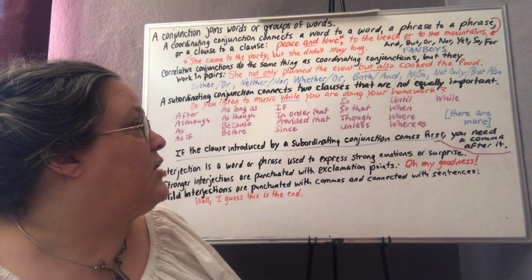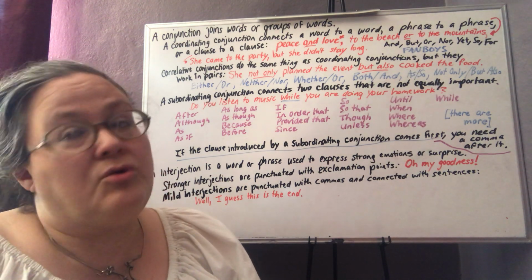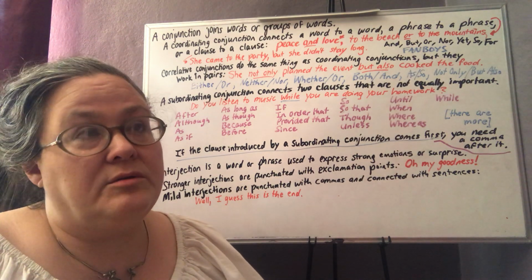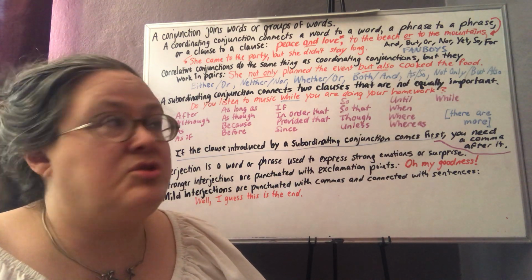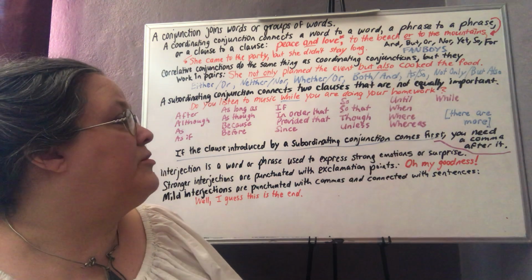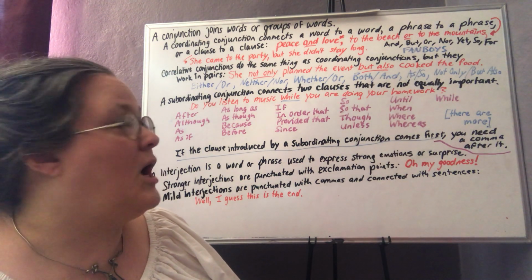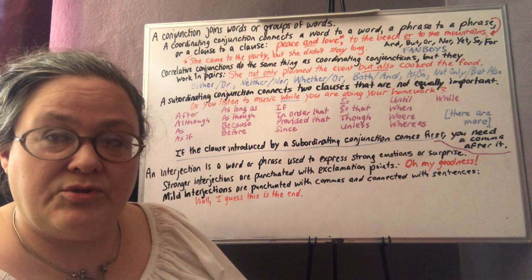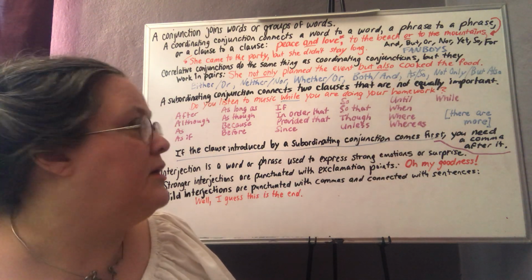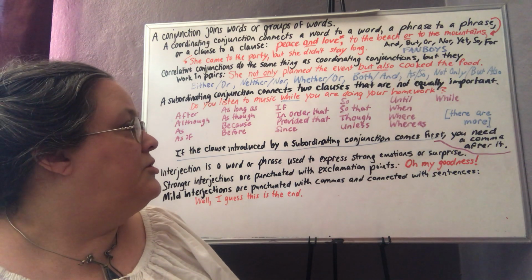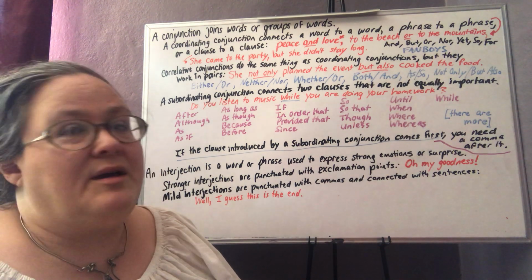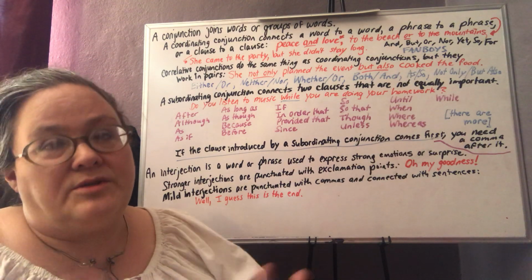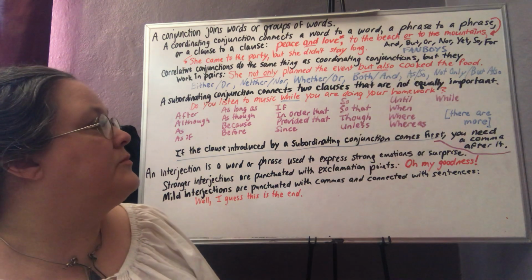So again, just like with coordinating conjunctions, correlative conjunctions should be combining things that are of the same kind of structure. Both and. I would like chocolate and vanilla, or I could say I would like both chocolate and vanilla. So using the word both is kind of emphasizing the idea that the two things are of equal importance.